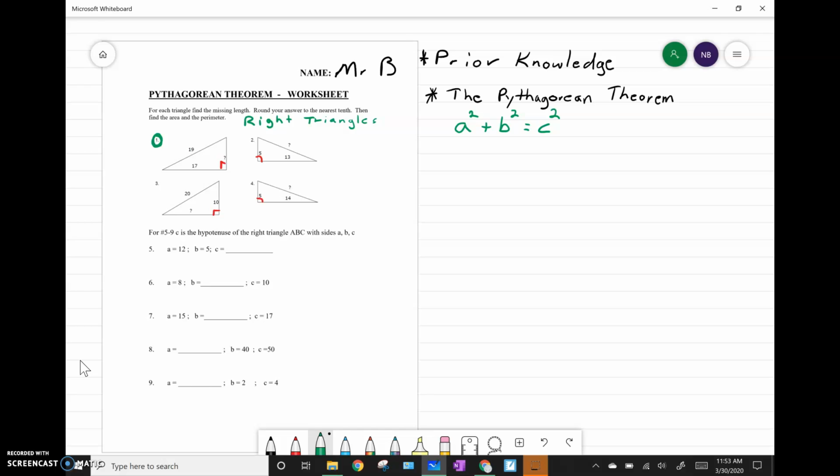So let's identify what is what on number 1. The side that comes across from the right angle is going to be C, and C is your hypotenuse.